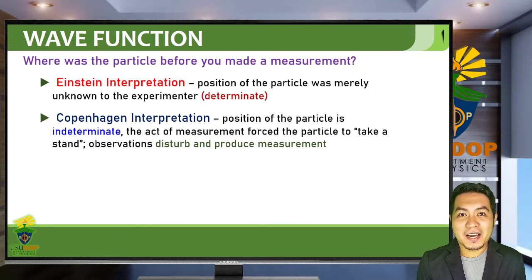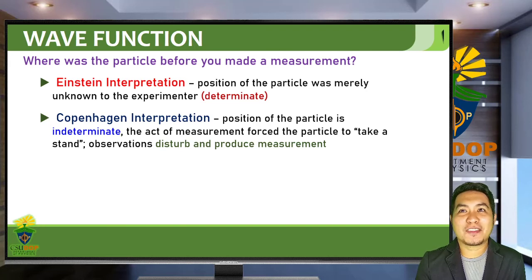By the way, Einstein is not a fan of quantum mechanics. If you have read some of his quotes, one of them is, "God does not play dice." But quantum mechanics is just like playing dice. You can't determine the outcomes, unlike in classical mechanics. All you can get in quantum mechanics is the probability. You cannot predict.